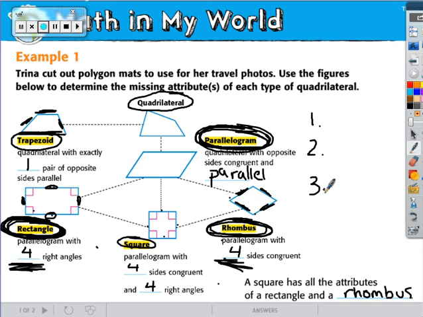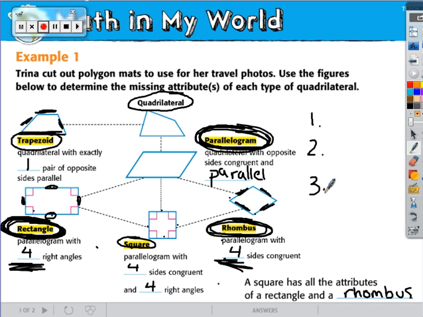The first thing that we are looking for, anybody know? Ella. Congruent. That would be the second. What's the first thing? Think about it for a second.